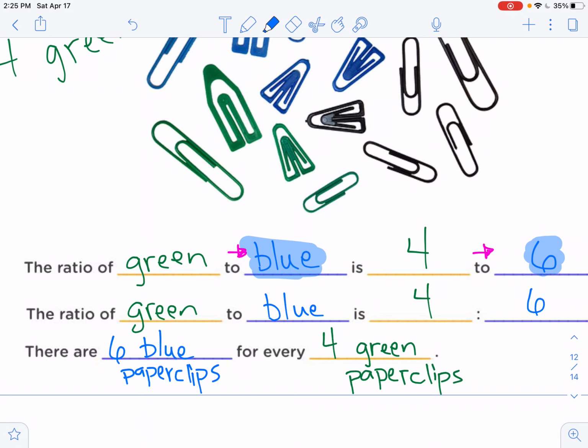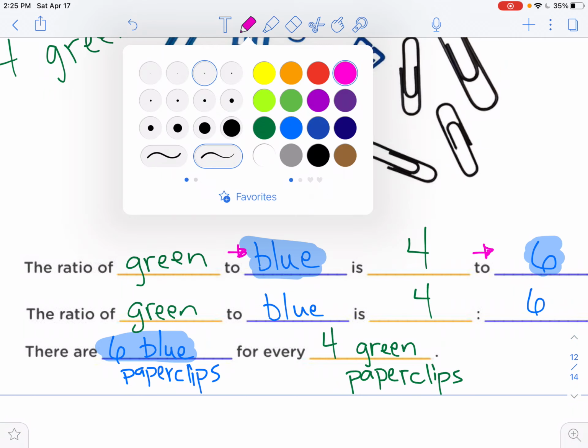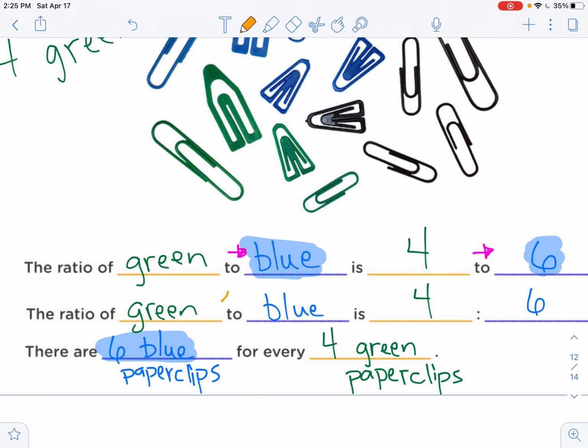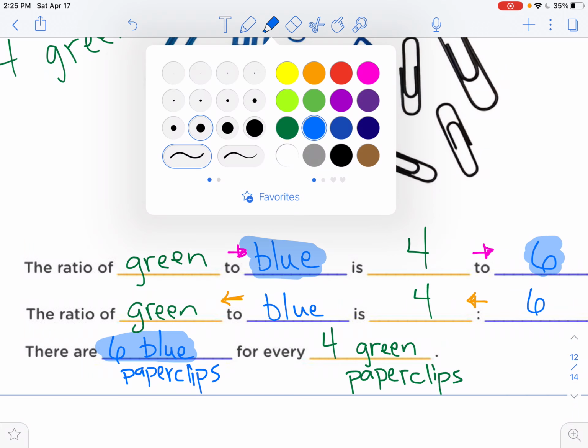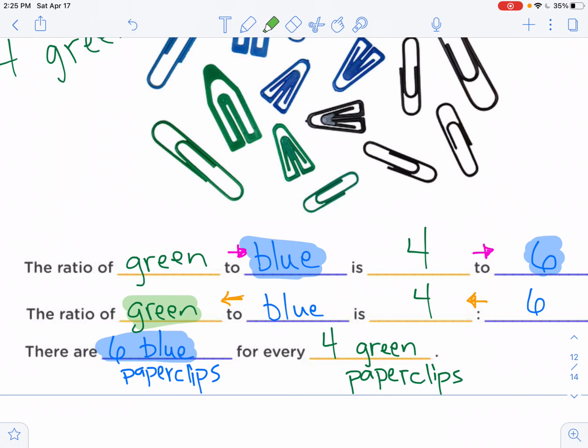I've highlighted blue and 6. Here's the 6 and the blue together. In the next sentence, I'm just going to look to the left instead. There's my TO. I'm going to look to the left for both of them. So I can see that there's green to the left and there's 4 to the left. There they are together. 4 green.